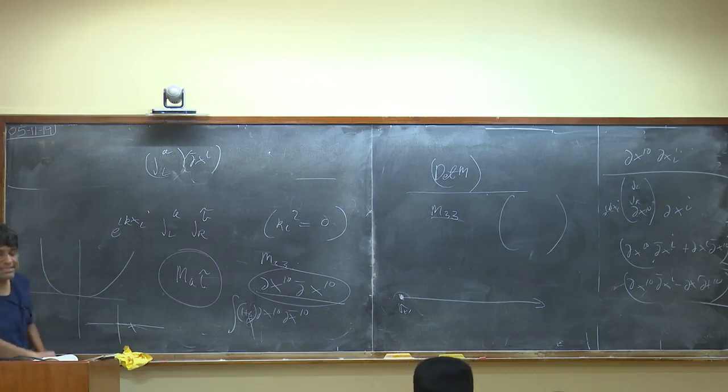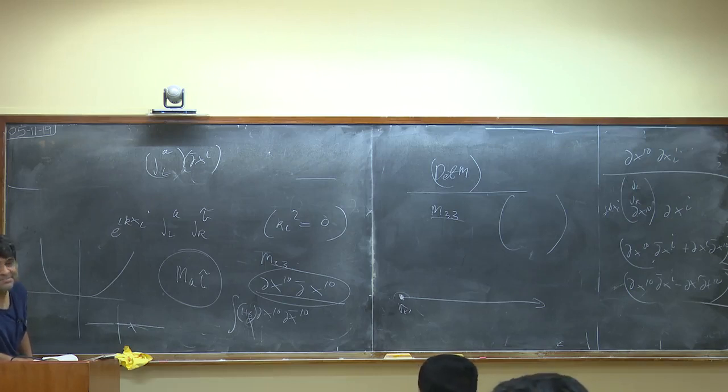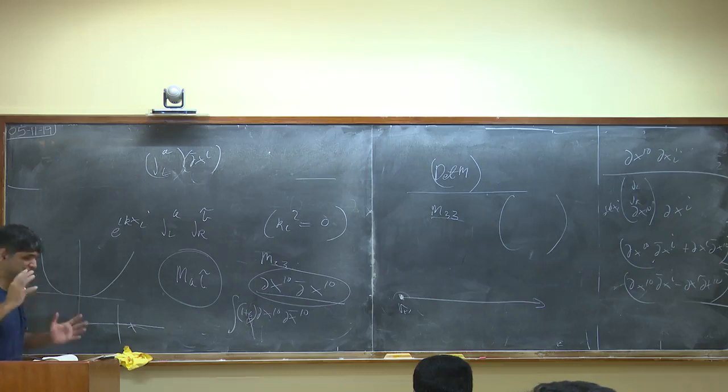So, of the 6 massless gauge bosons, 4 have become massive. And also, the spectrum of massless scalars has changed.